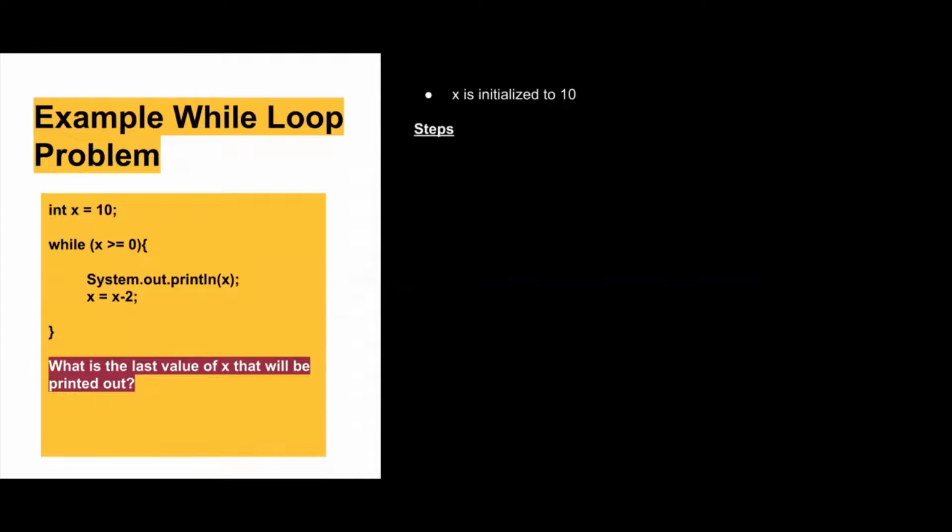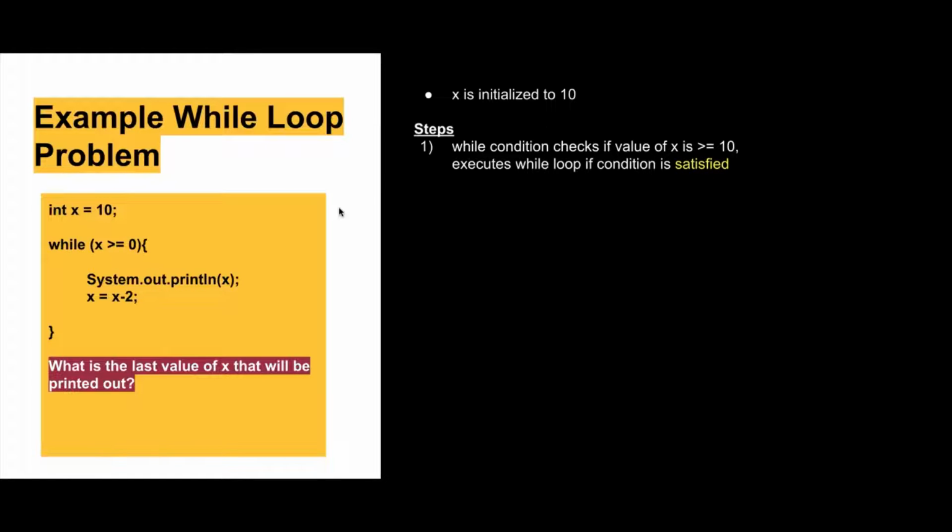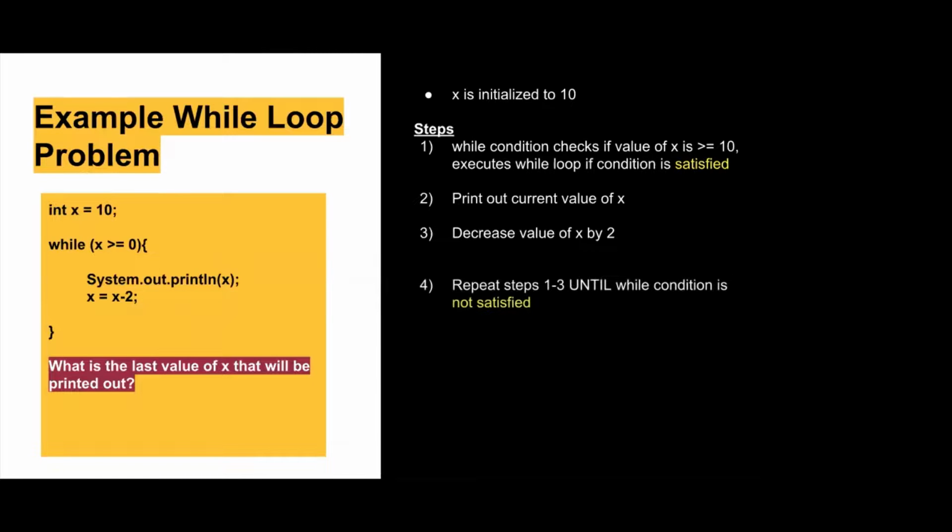First, it is initialized to 10. Step 1, the condition will check if x is greater than or equal to 0. And yes, 10 is greater than or equal to 0. Therefore, it will execute System.out.println and print out 10. Then the third step is x will be decreased by 2, so x becomes 8.